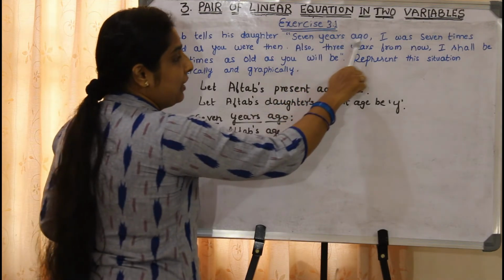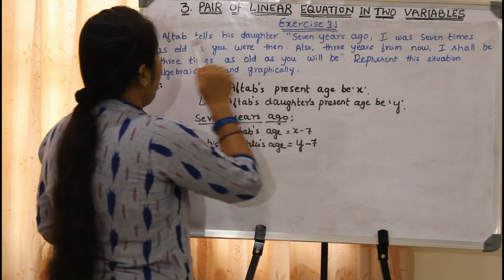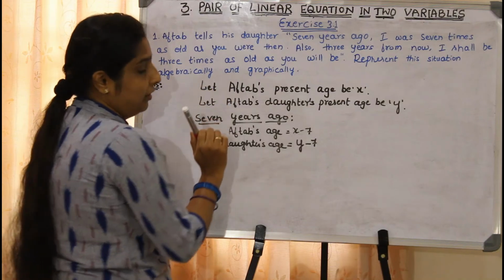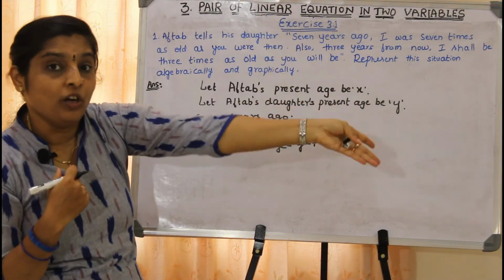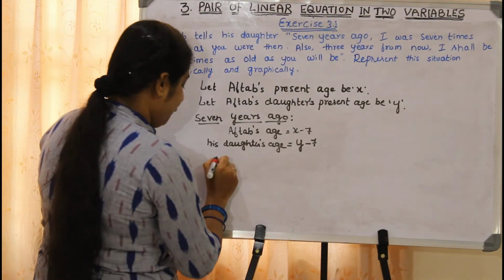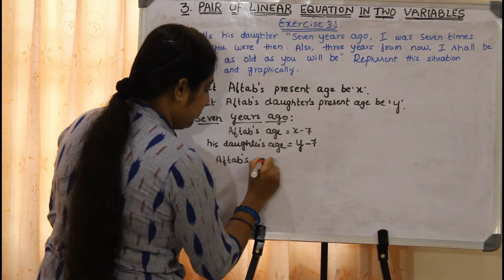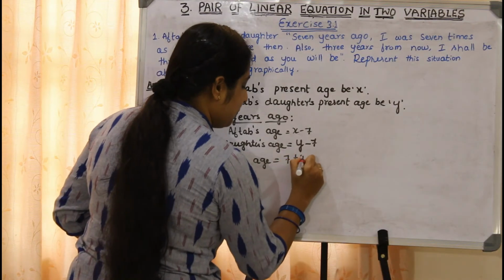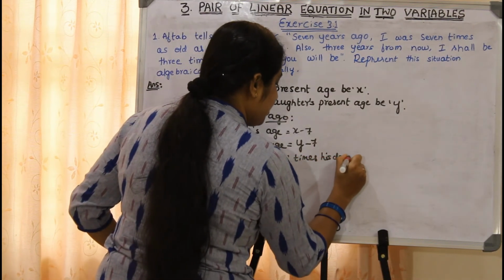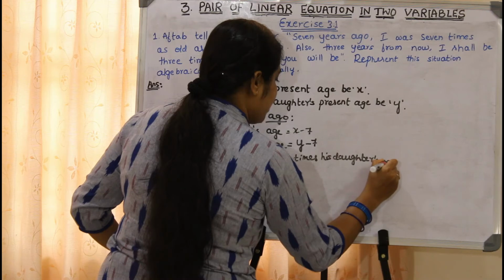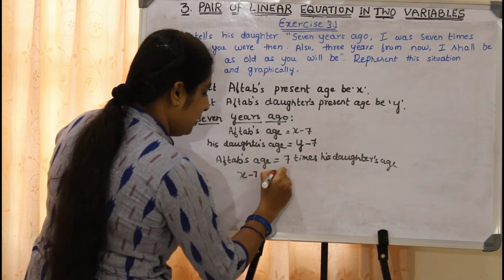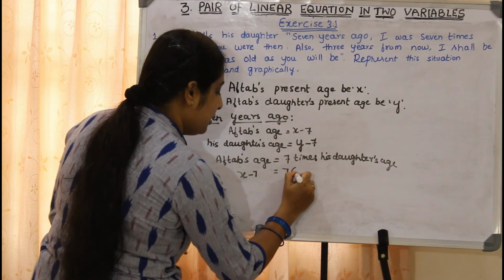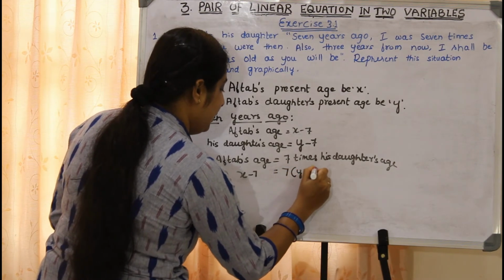So 7 years ago I was 7 times as old as you were then. So his age was 7 times his daughter's age. So Aftab's age was 7 times his daughter's age. So Aftab's age is x minus 7, and this is 7 times his daughter's age, 7 into y minus 7.